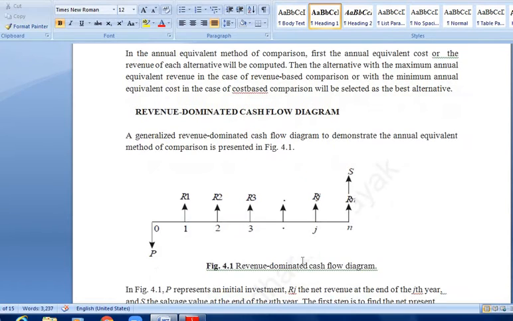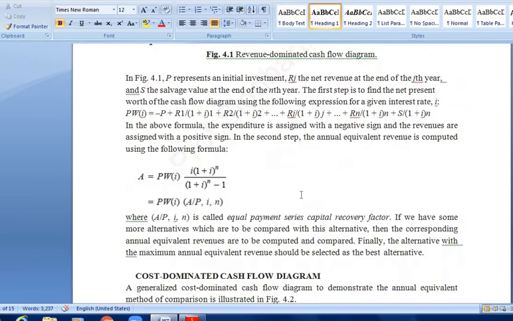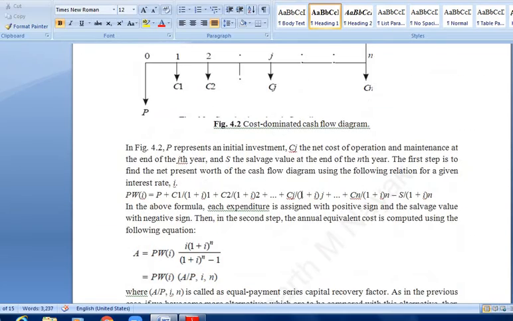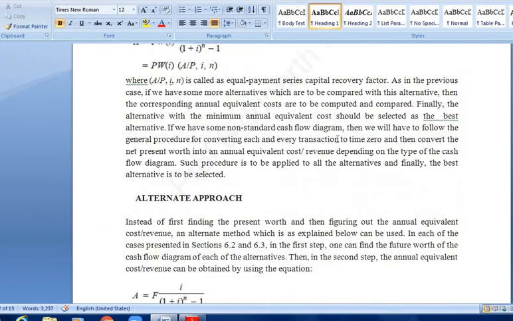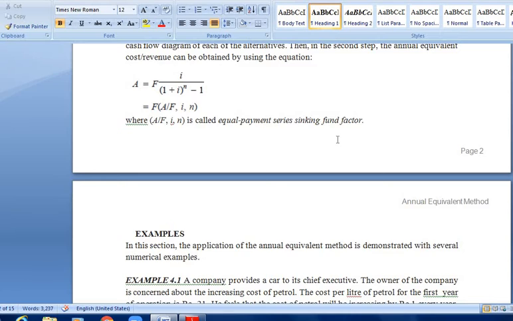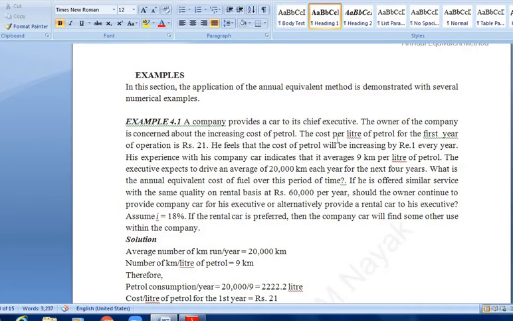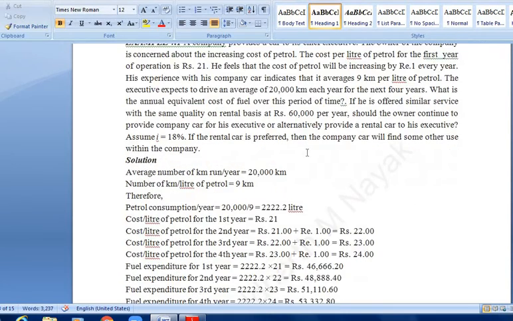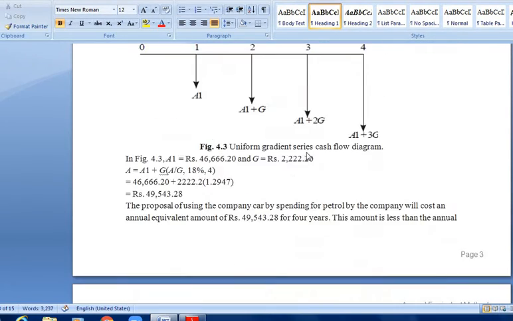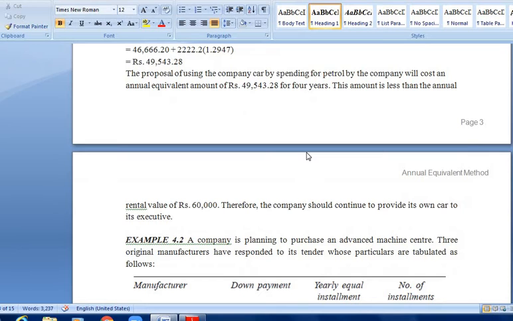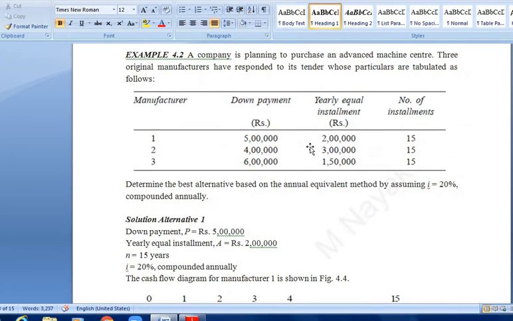So already you know revenue dominated cash flow diagram and cost dominated cash flow diagram. This is similar to the present worth comparisons. The only thing is that here you need to compare everything with the annual equivalent method.